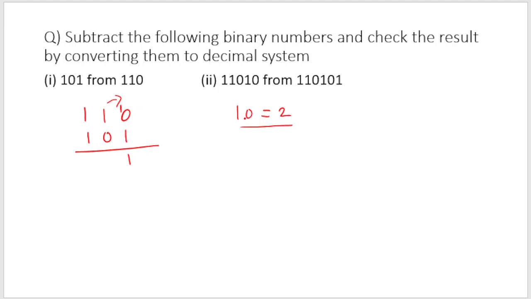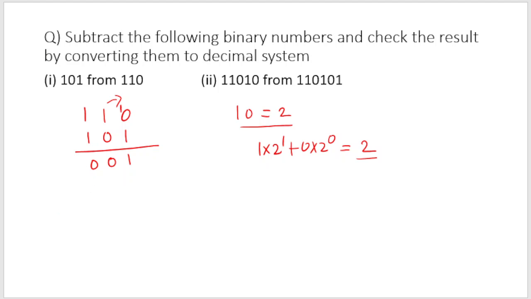What is 10? 10 is 1 into 2 to the power 1 plus 0 into 2 to the power 0, that is equal to 2, right? So now this number becomes 2, and 2 minus 1 will be equal to 1. The column I borrowed from has become 0. So now 0 minus 0 is equal to 0, and here you have 1, so 1 minus 1 is equal to 0. So the answer that you have got is 0, 0, 1.